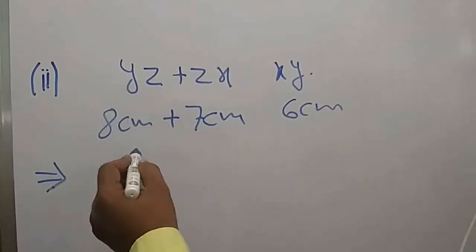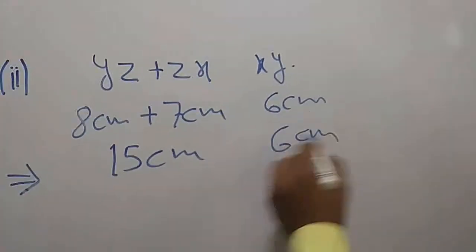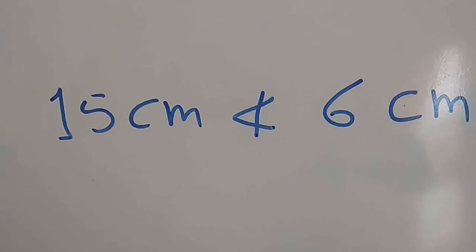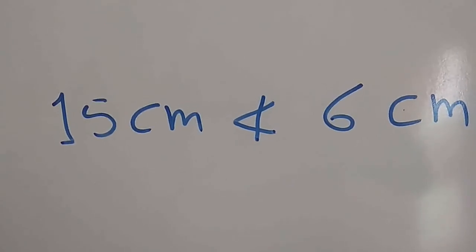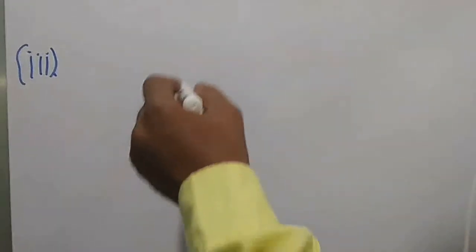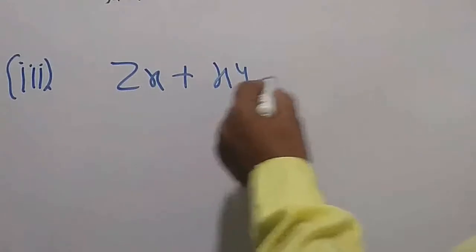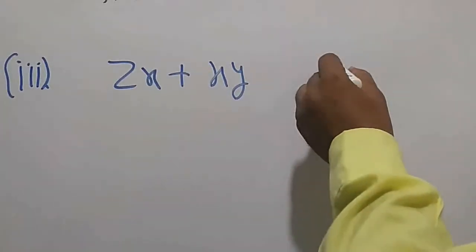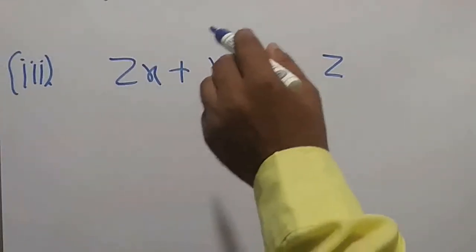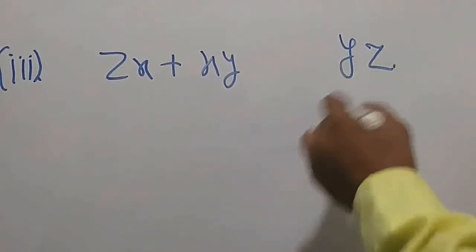It is 15 centimeter, and 15 centimeter is not less than 6 centimeter. Third condition for the second triangle: ZX plus XY, and we compare this with YZ.